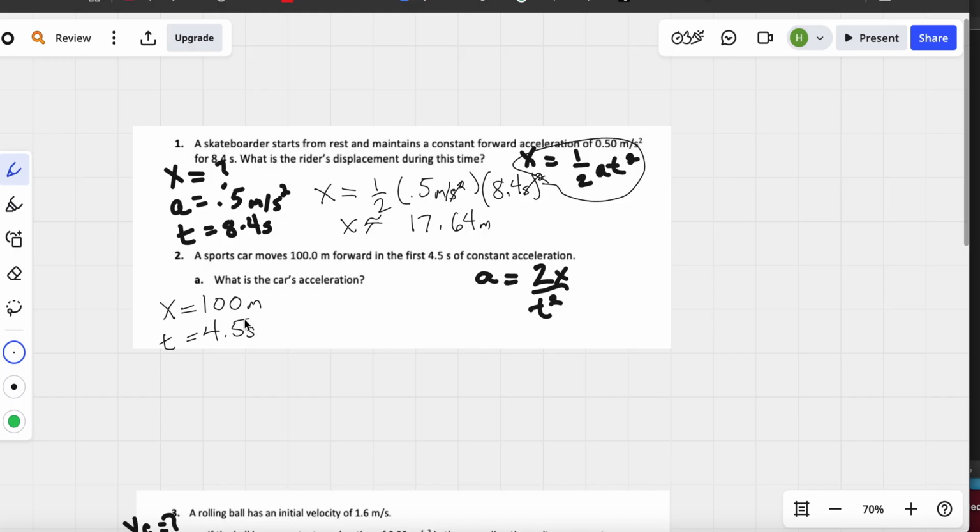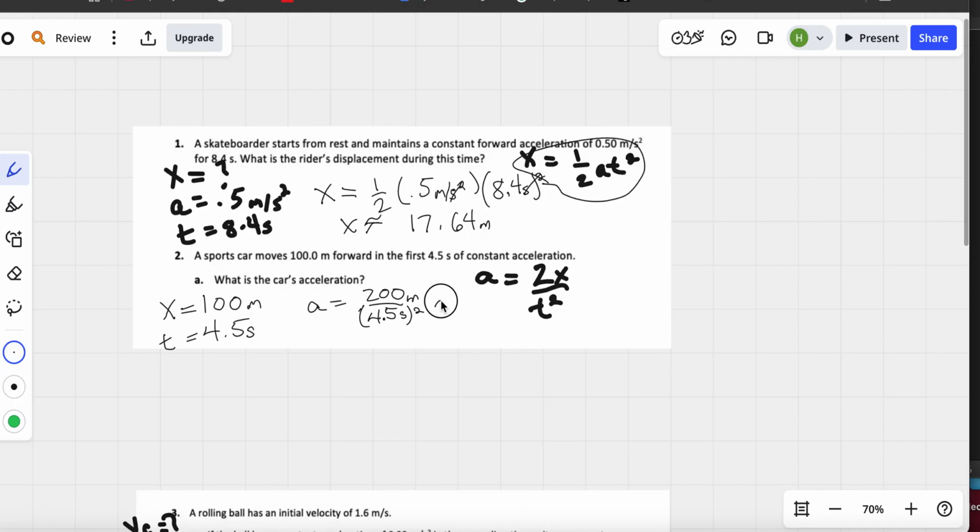And so when I did that work, I'm almost positive that I had a equals 200 meters divided by 4.5 seconds squared.